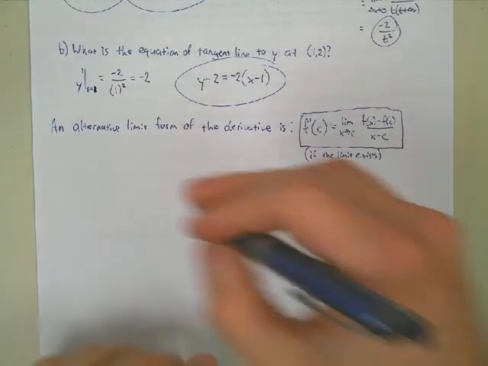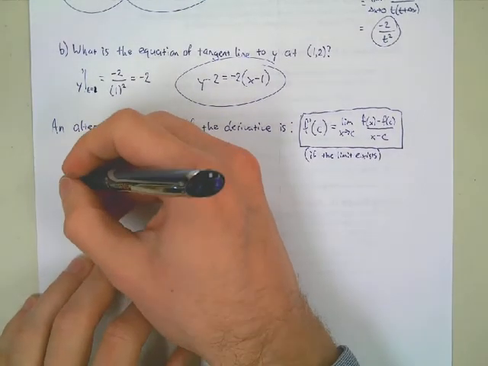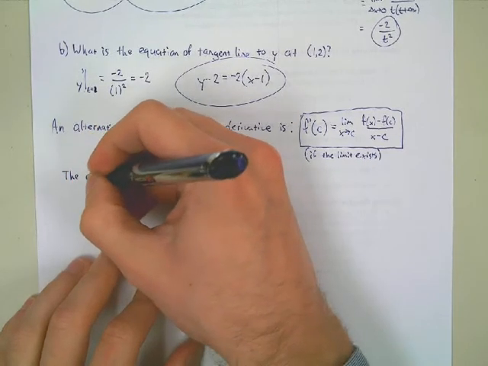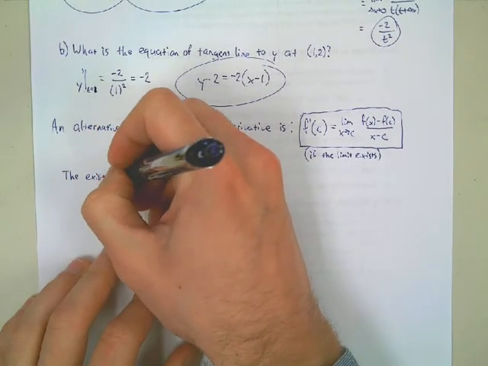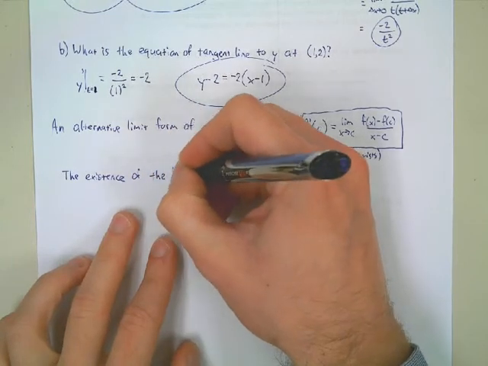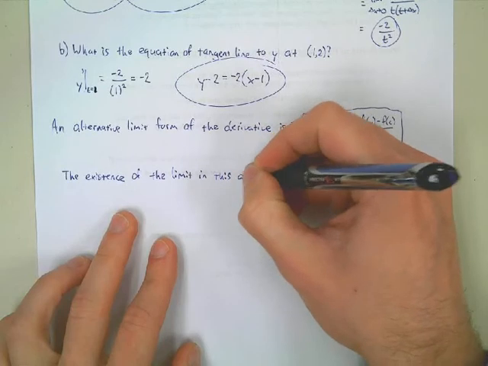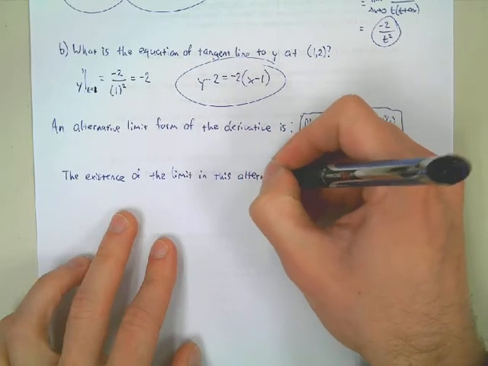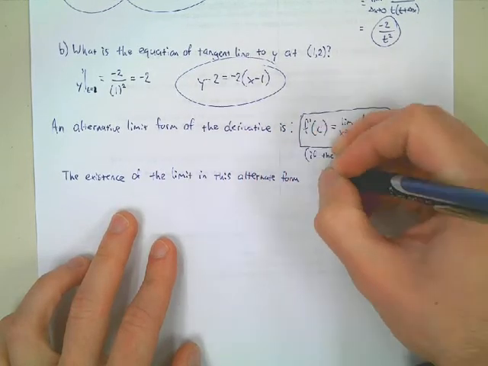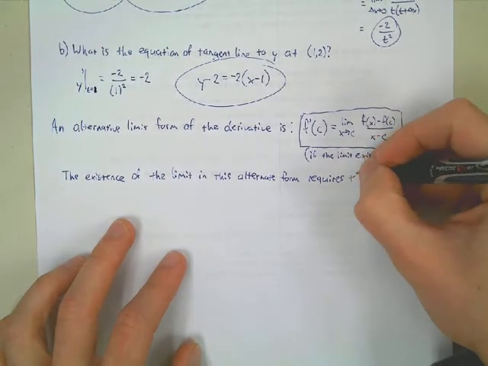Okay? Let me highlight this. The existence, okay, of the limit in this alternate form requires that, and then I'll put it in parentheses here. Well, if it's a limit, right, the left-hand limit and the right-hand limit need to be equal.